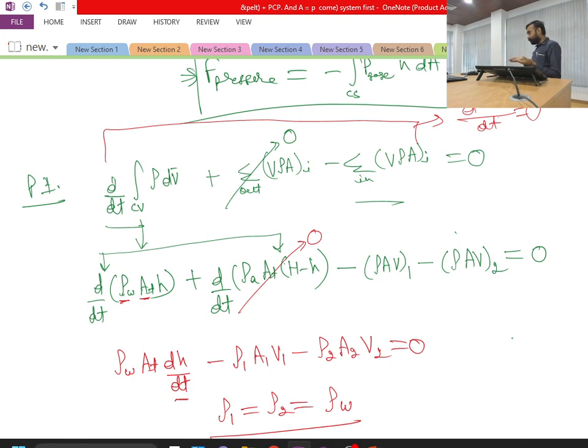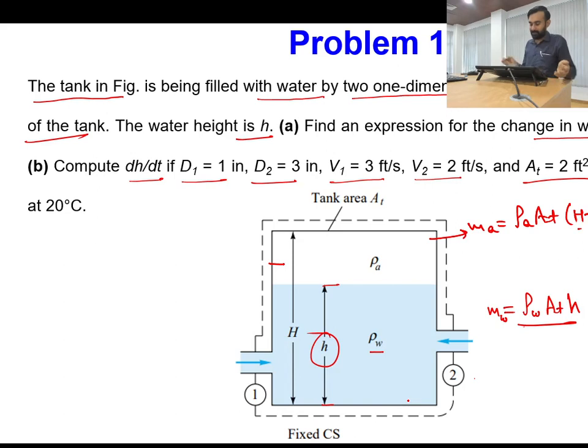In the control mass approach, nothing can enter across the boundaries, the closed system approach in thermodynamics. How the system approach is getting converted into the control volume approach is something which we have studied through the Reynolds transport theorem.